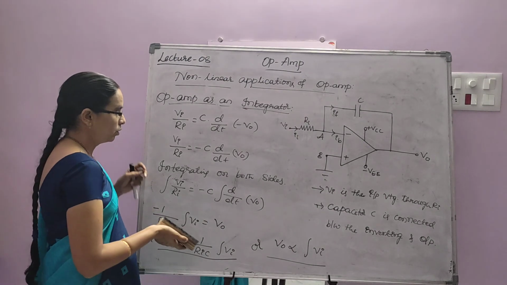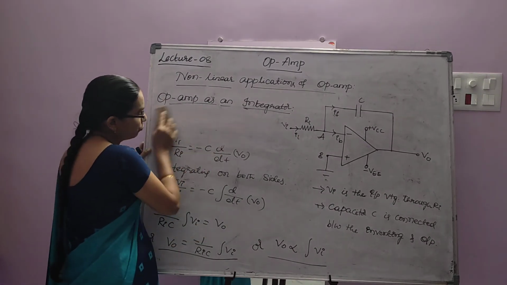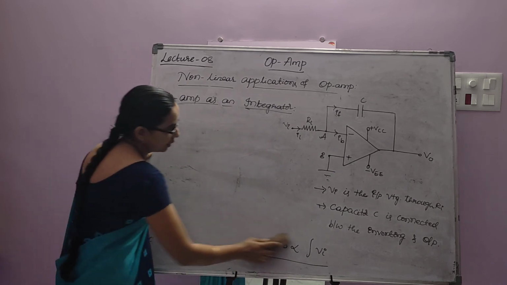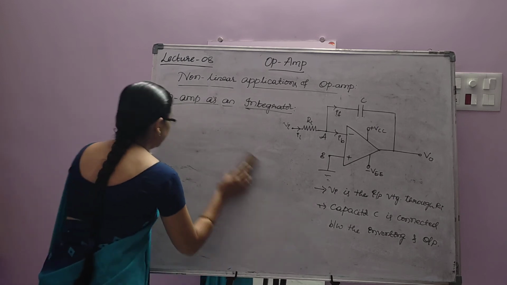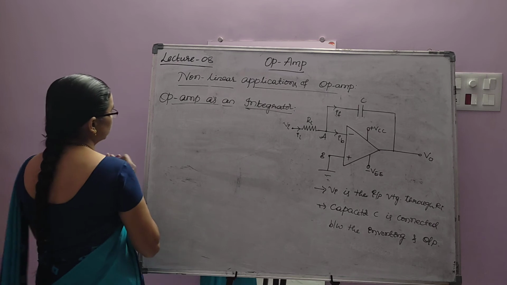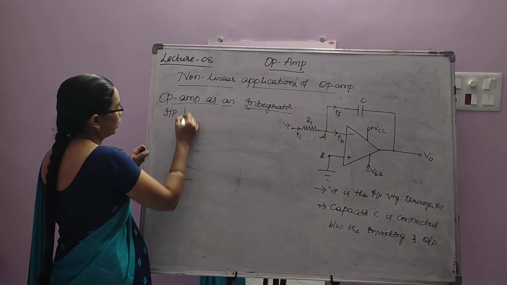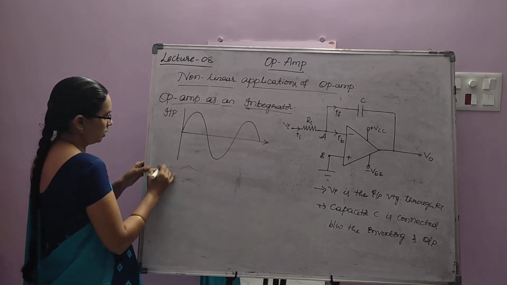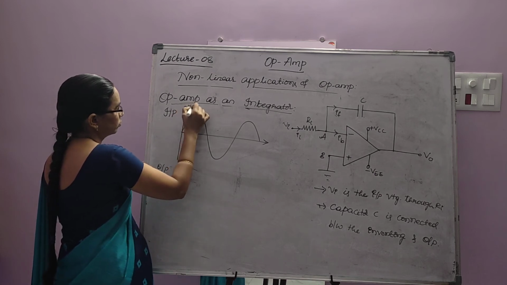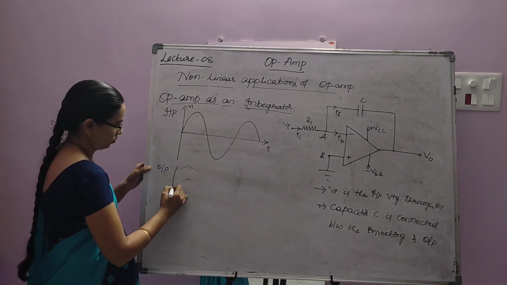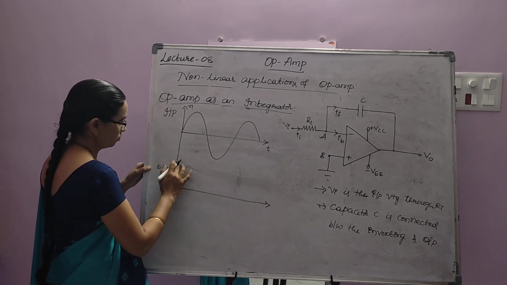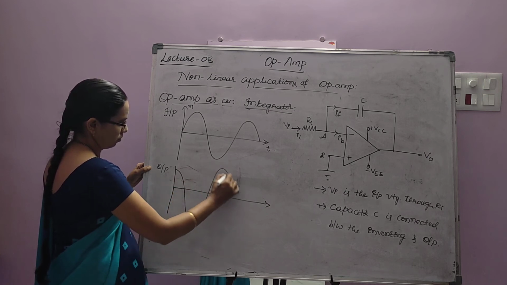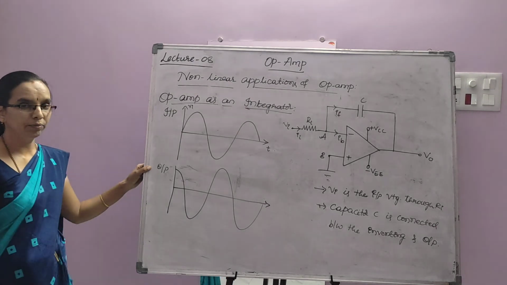So if the input of the integrator is a sine waveform, then the output will be a cosine waveform.